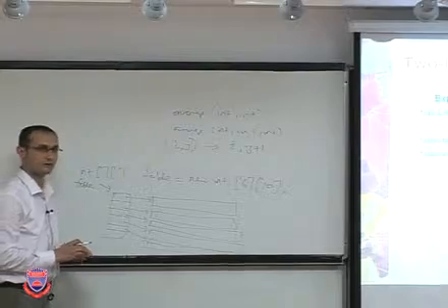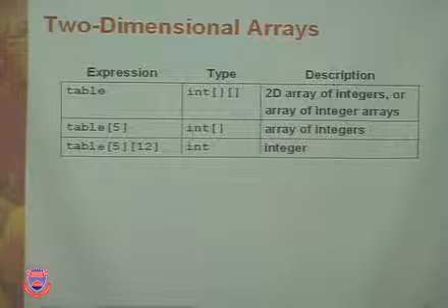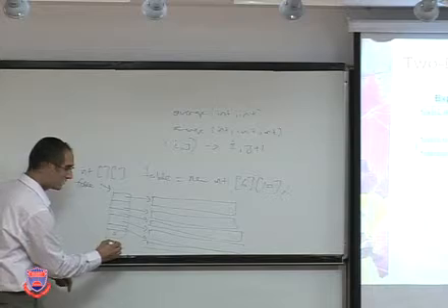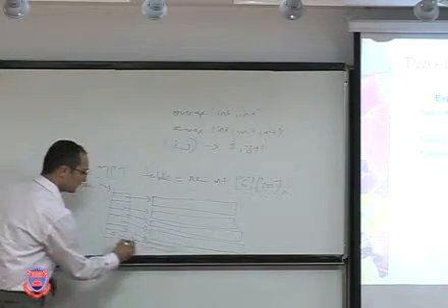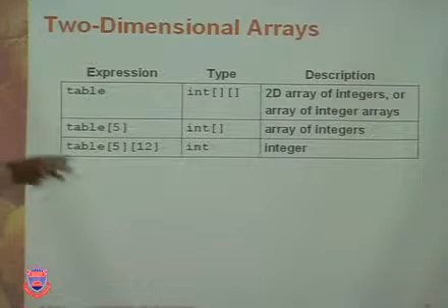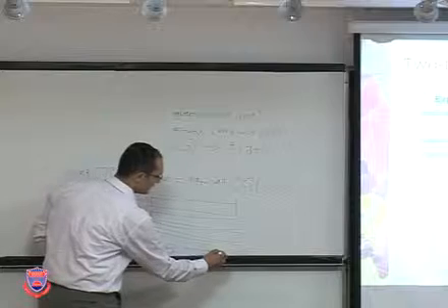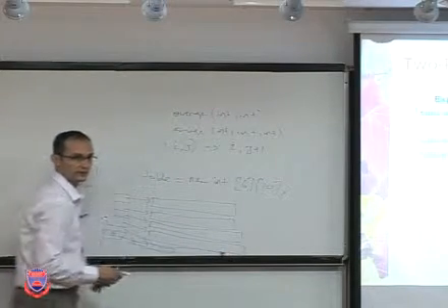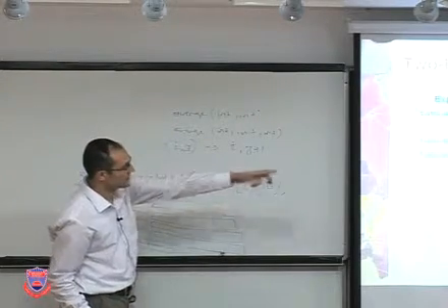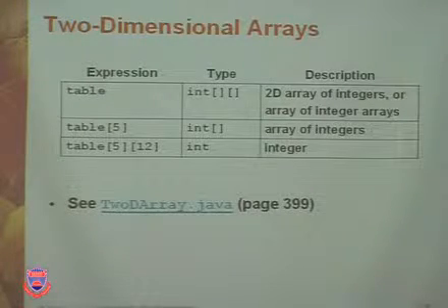Okay? Array of arrays of integers. In this case, when you say table, it refers to the two-dimensional array. When you say table 5, it means table 5 is this one. So it refers to the array of integers, that whole array with 10 elements. If you say table 5, and in this case 12, we won't have 12. If you say table 5, 9, it will go all the way to the last element in the 2D array. So that's how internally what you will get. In this case, you will get an integer as a result of accessing that two-dimensional array.